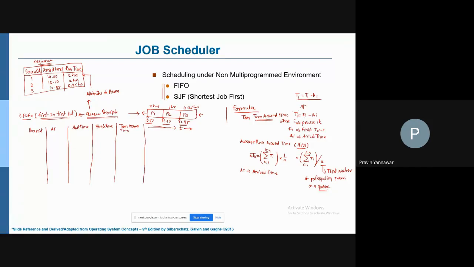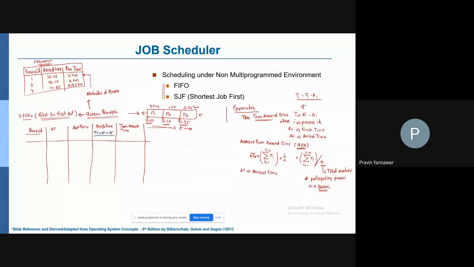Now let us put down the formulas for some important parameters. Finish time, FT, is nothing but ST plus RT, where ST is the start time and RT stands for run time.